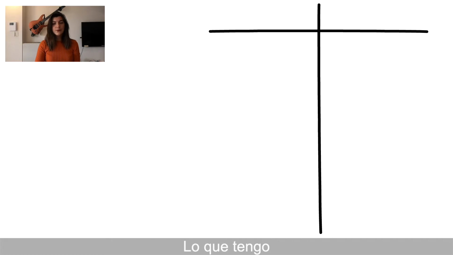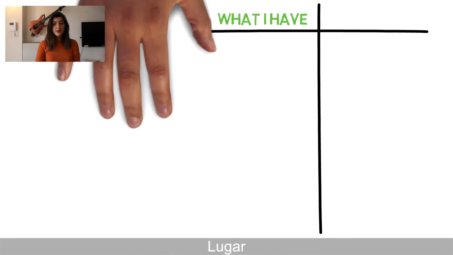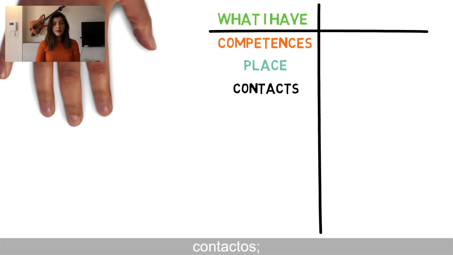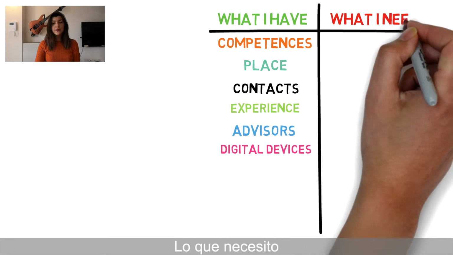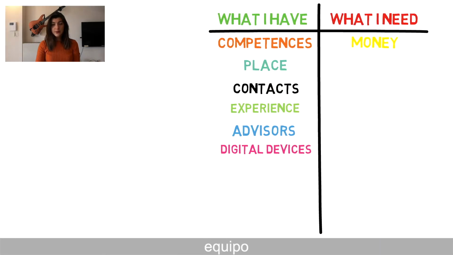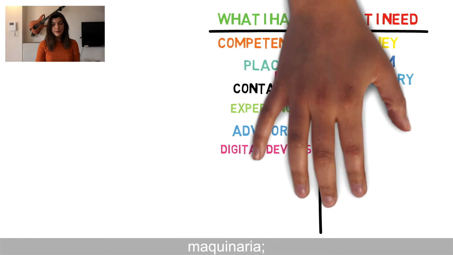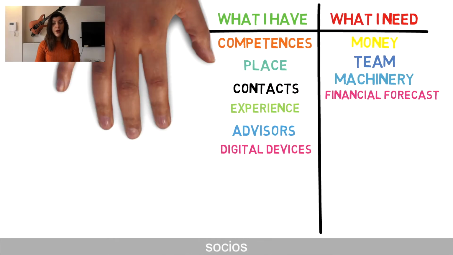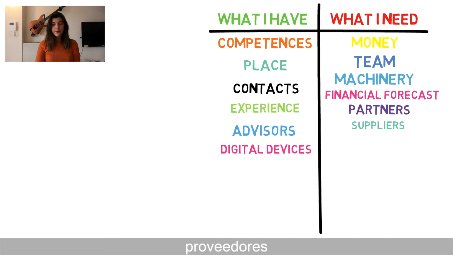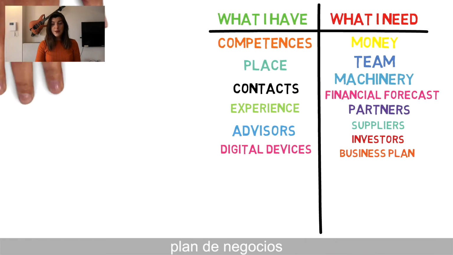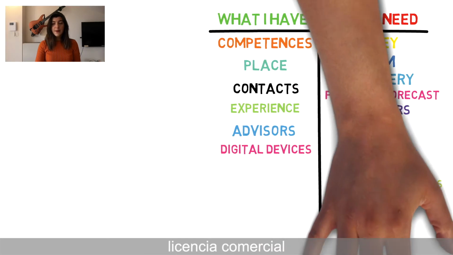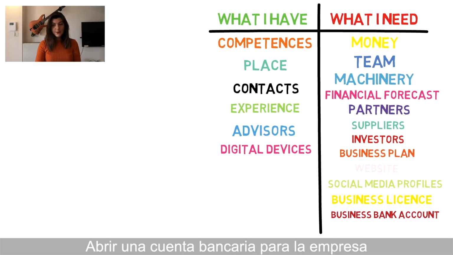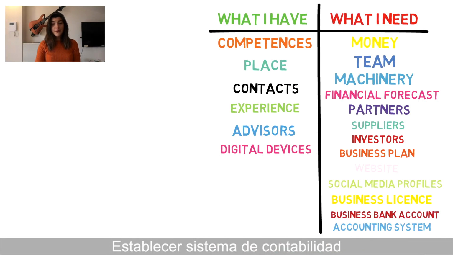What do you have? You have competencies, place, contacts, experience, advisors, digital devices. Let's see what you need. You need money, team, machinery, financial forecast, partners, supplier, investors, business plan, website, social media profiles, business license, open a business bank account, set up your accounting system.